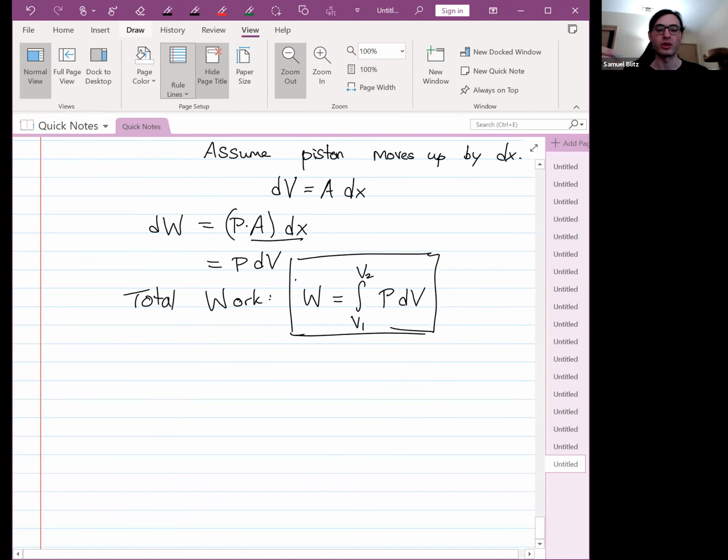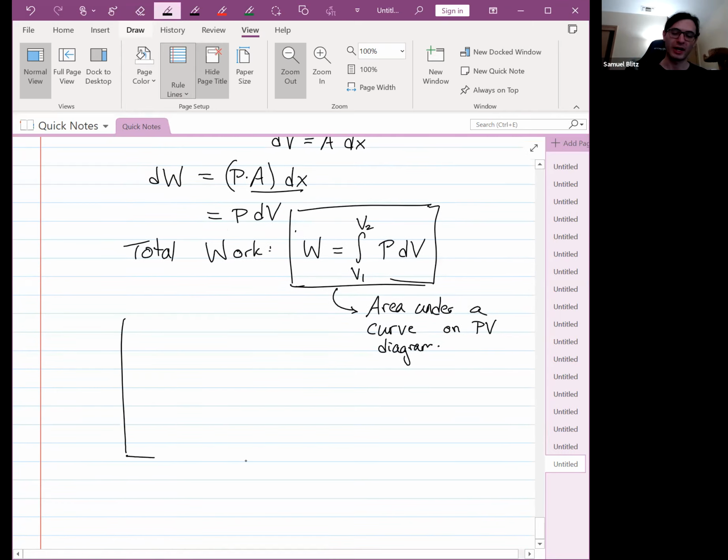But even more useful is that this is the area under a curve. You guys know that an integral is always the area under some curve. In this case, it's the area under a curve on a PV diagram. By the way, PV diagram is what we're calling the diagrams that plot P and V against each other. So we have our PV diagram.